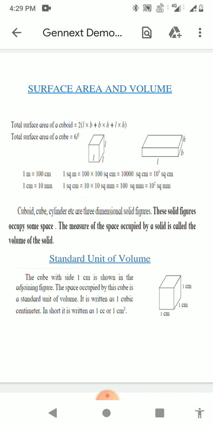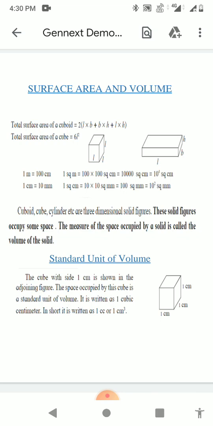Then we will proceed to another important geometry, cuboid, which is shown adjacent to the cube. Now the basic difference between cube and cuboid is what? If we closely observe, the length, width and height of this cuboid are different.